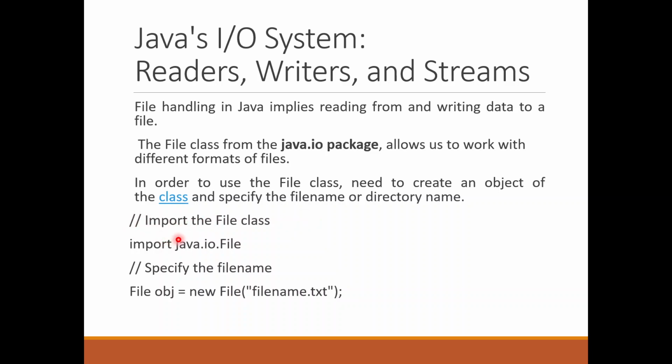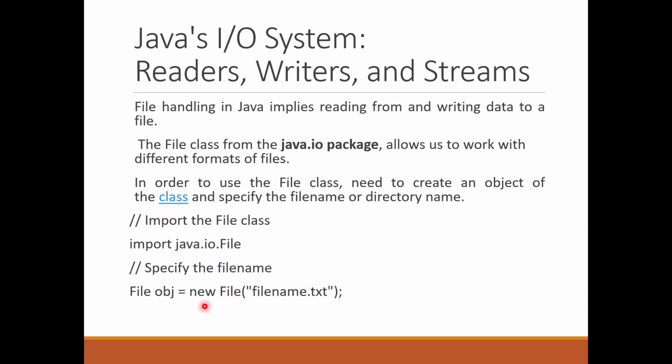First of all, I have to import the File class. The syntax for this is import, and then the name of your package, java.io.File, or you can simply mention java.io. So this is the hierarchy we are going to follow. After importing the File class, the next step is to create an object of the File class, right? How to create an object?